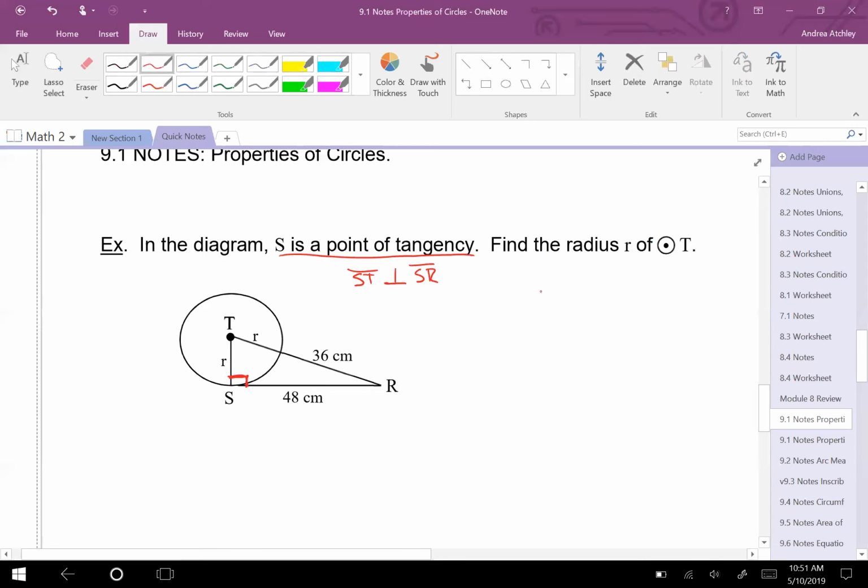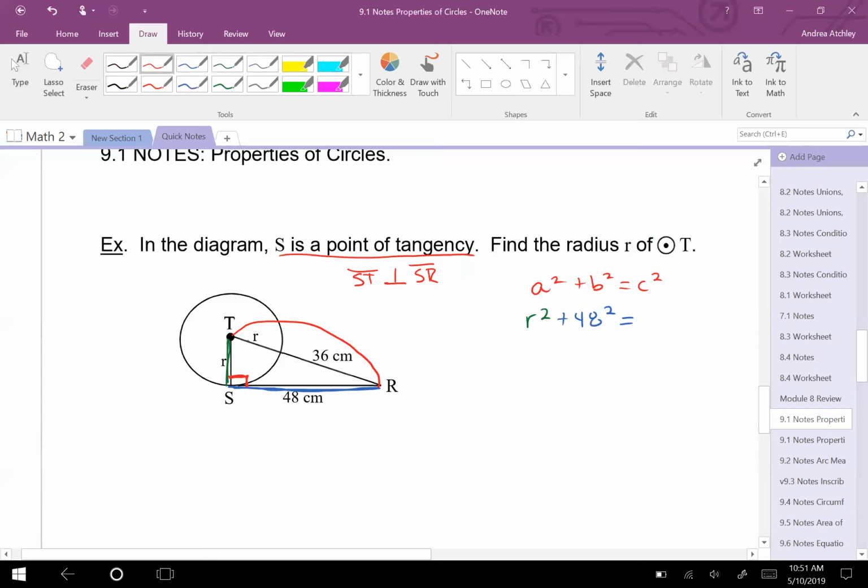So again, we're going to use the Pythagorean theorem. A squared plus B squared equals C squared. So my A is right here. A is r squared, plus my B is the 48. My C, though, my C is this whole thing.